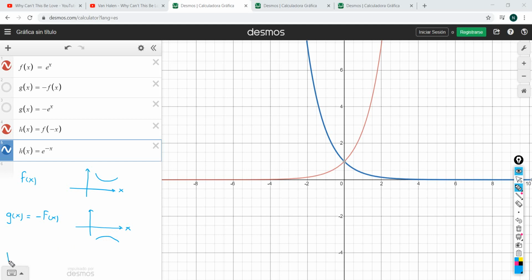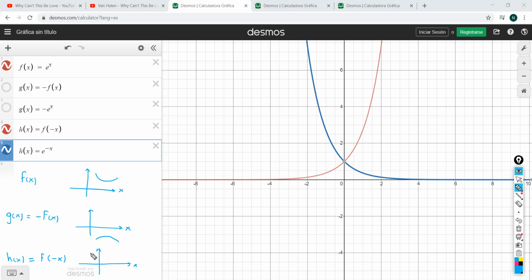And when we create a function h of x, which is equal to f of minus x, the multiplication by minus occurs within the variable only, then the graph of this will be the same as my original function, the same shape, the same size, the same exact form, with the only difference that it is going to be reflected about the y-axis.